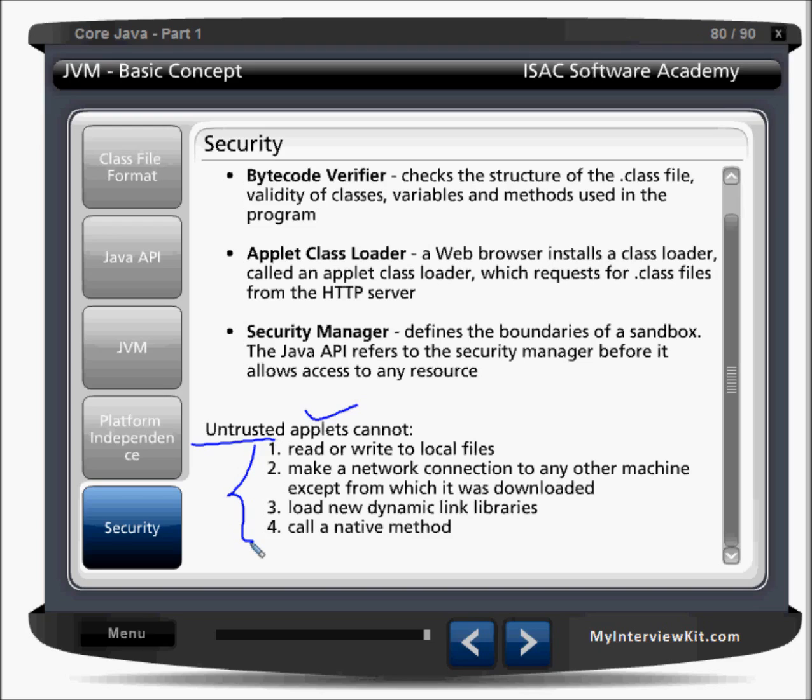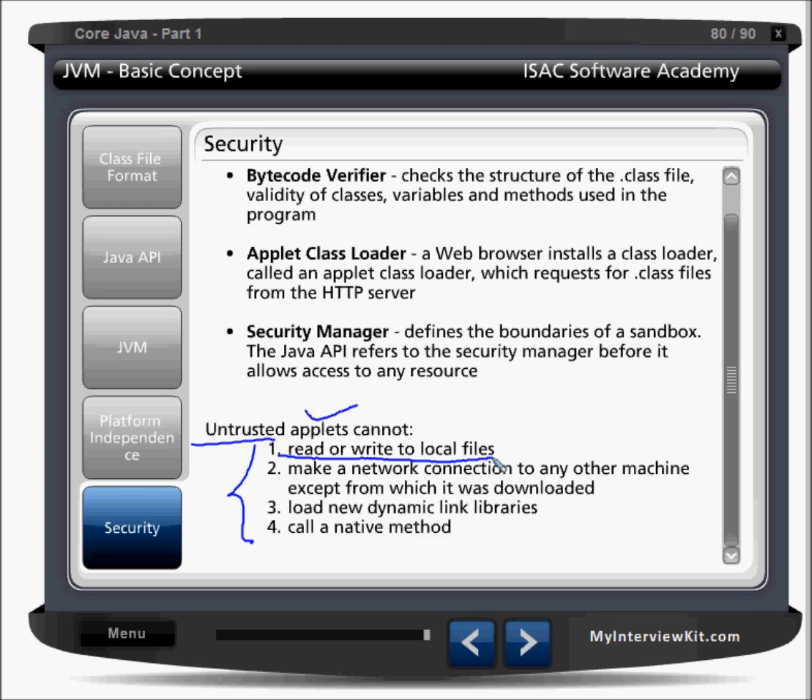It is not going to corrupt your systems, so you need not worry when an applet is downloading or loading in your system, because an untrusted applet cannot read or write your local files. It is not going to access the local files of your machine, of your hard disk. So your hard disk is safe.